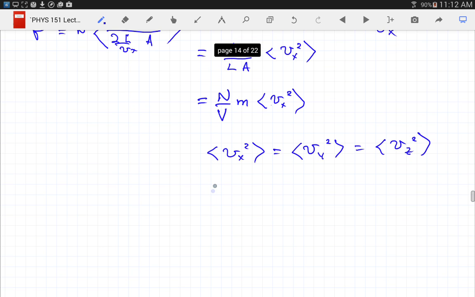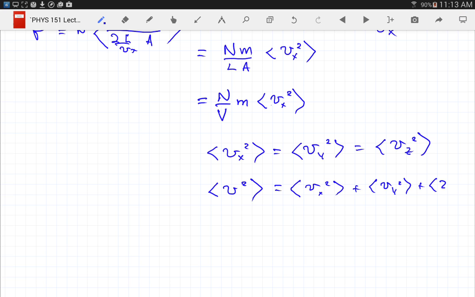And what we really care about is the total squared speed. The total squared speed average is equal to the x squared average plus the y squared average plus the z squared average. But if these are all the same, then that's just equal to 3 times the Vx squared average.